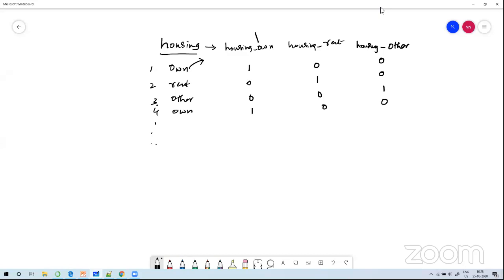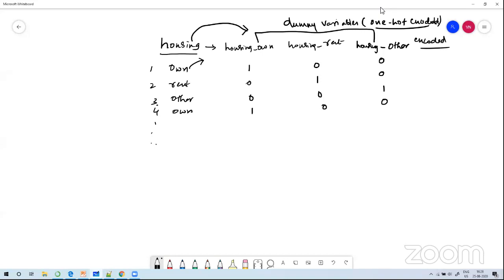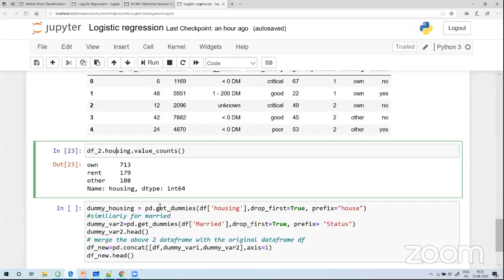So these 3 variables which are created from this one are called dummy variables. The other name for them is one-hot encoded variables. So either we call them dummy variables or one-hot encoded variables. That's what is going to happen to this variable when we run this particular step.